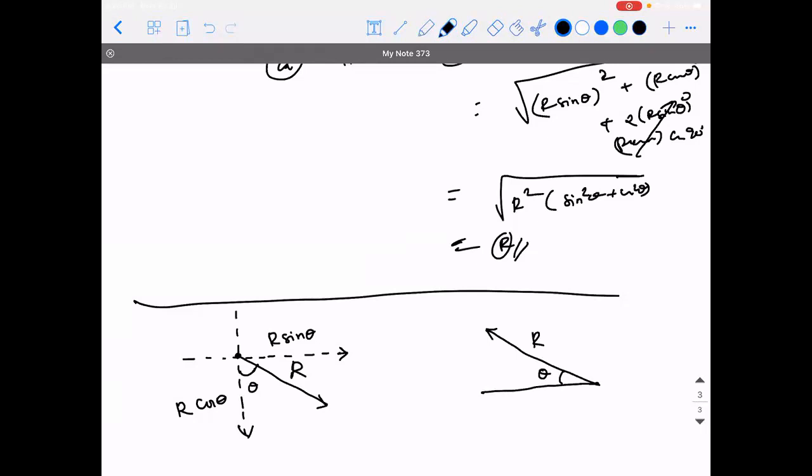So negative x-axis is R cos theta. Very good. And which side is the vertical component? Positive y-axis or negative y-axis? Positive Y, because this vector is entering into which quadrant? Second quadrant.